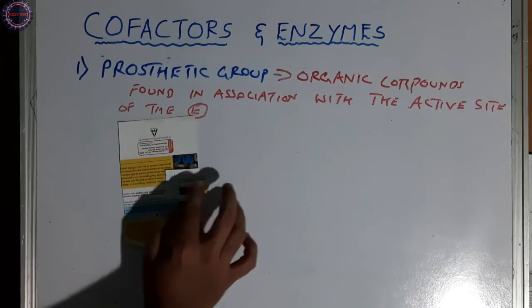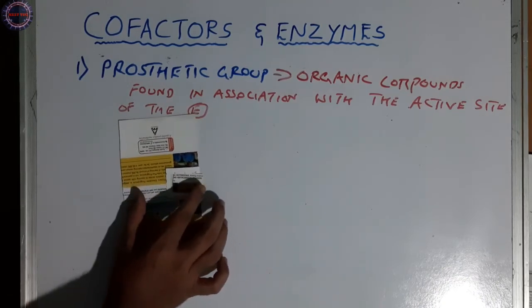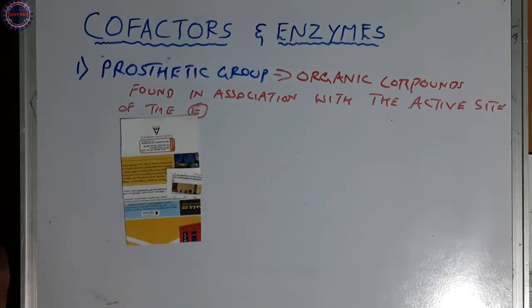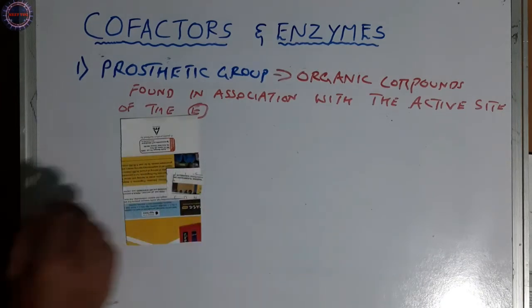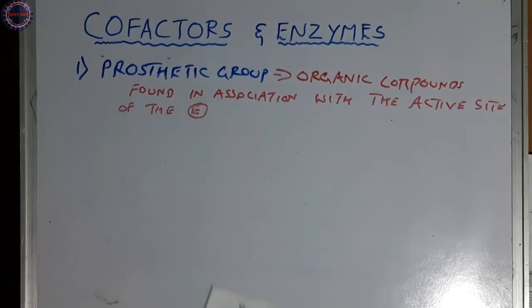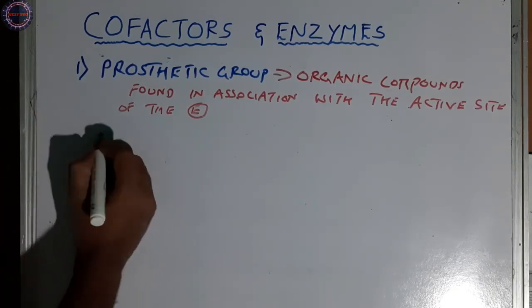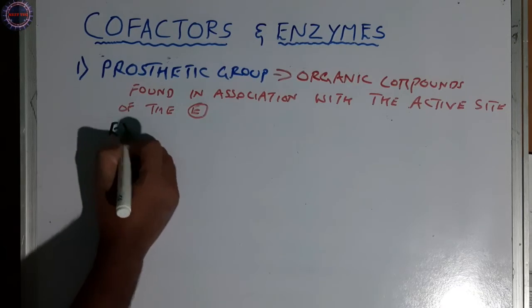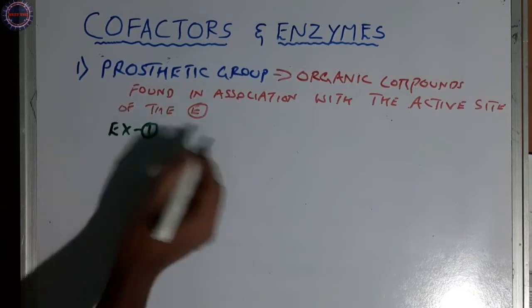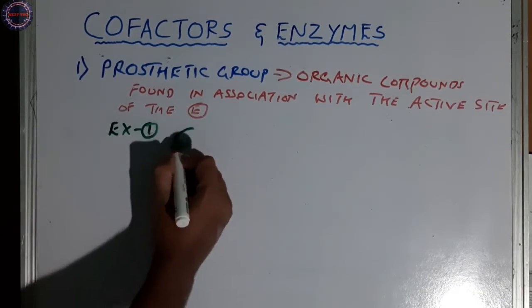Now it makes a very good active enzyme, and when it binds to the substrate, ultimately it produces the products. Okay, simple. Chalo. Let me give you a very good example. There are two examples for you. Example number one. We simply write one enzyme here.